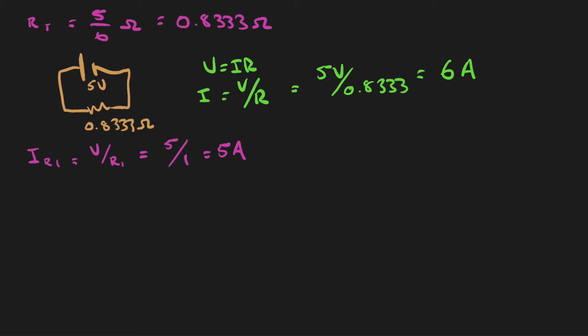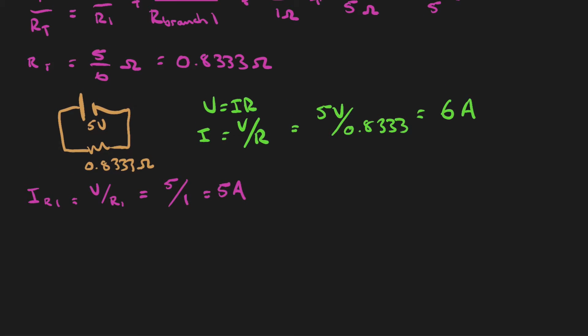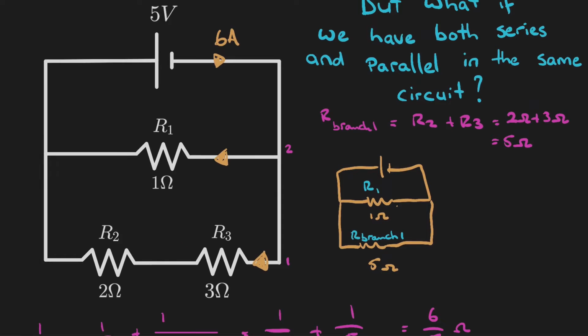Okay, so we could do a little cheat here, and we know that the sum of all currents flowing in must be the sum of currents flowing out. Okay, so we have 6 amps here, and now we know that there's 5 amps flowing into here.